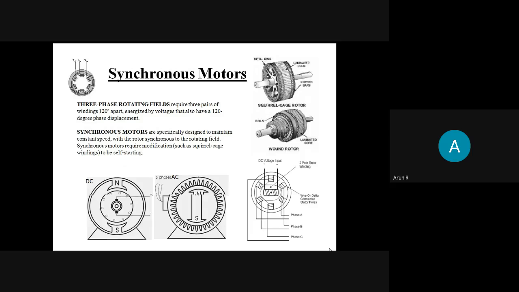Synchronous motors are specifically designed to maintain constant speed with the rotor synchronous to the rotating field. They require modifications such as squirrel cage winding, so that they are self-starting.